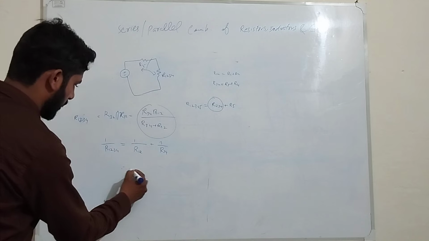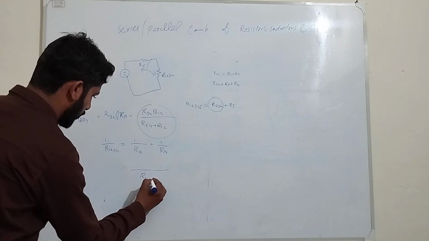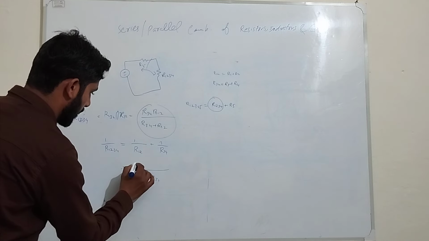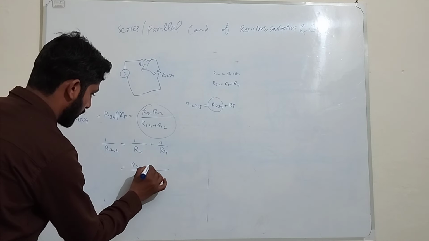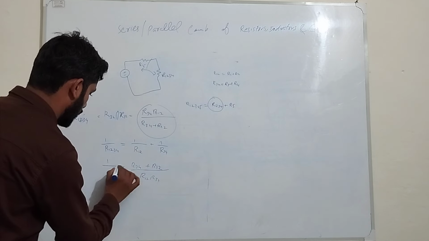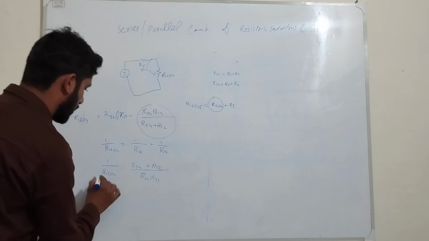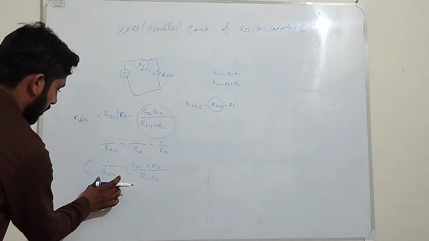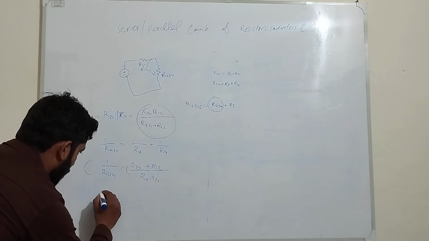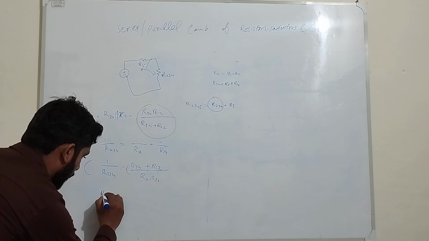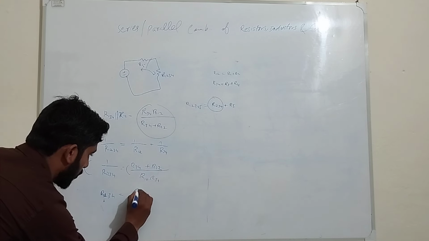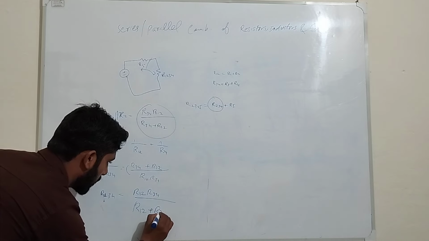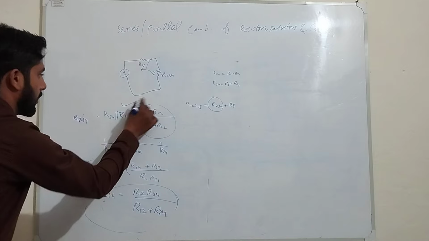Just solve it, you will get R34 plus R12 over R12 R34, which is 1 over R1234. Just swap it, the numerator will become denominator and the denominator will become numerator. R1234 will be equal to R12 R34 divided by R12 plus R34. That was the shortcut here.